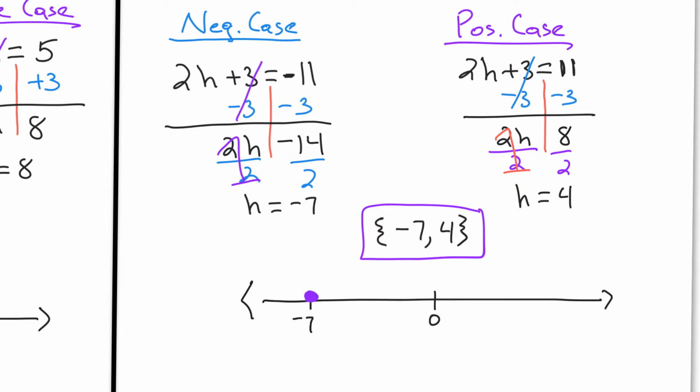And the +4, well, the distance from 0 to +4 is shorter than the distance from 0 to -7. So I'm going to say +4 is right here. And this is just an estimation. It's not perfect, but I understand how the graph looks. So I have my solution set right here, -7 and 4, and the graph of the solution. So that's what we need, two things, solution set and the graph.